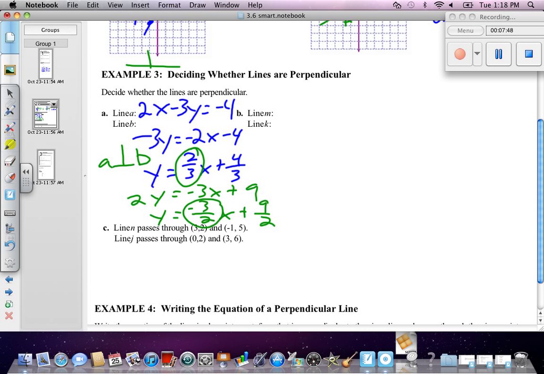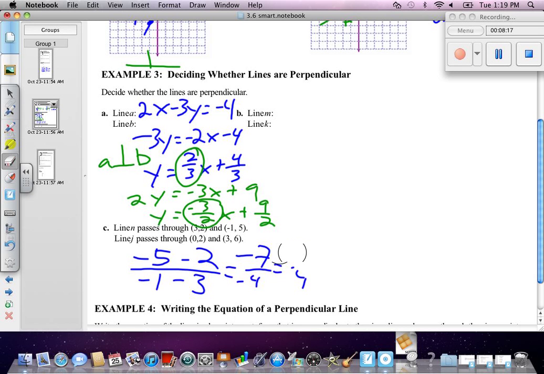Okay, I'm going to skip B because it's the exact same thing. Okay, C, we're just using y2 minus y1, so we go -5 minus 2 over -1 minus 3, and that would give us -7 over -4, or 7/4. So then I do the other one right here. I don't know how I got -5.